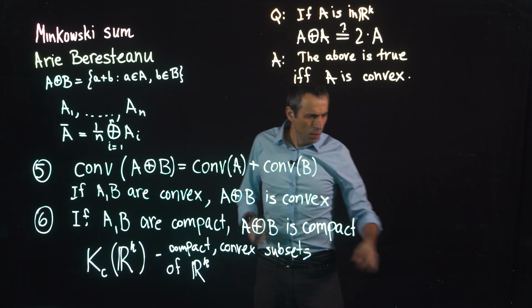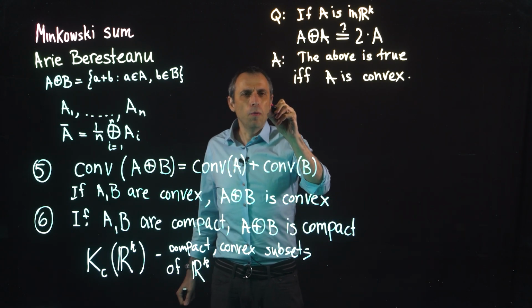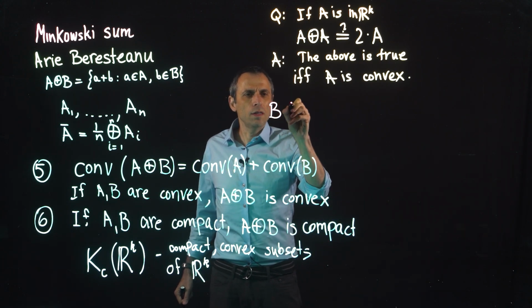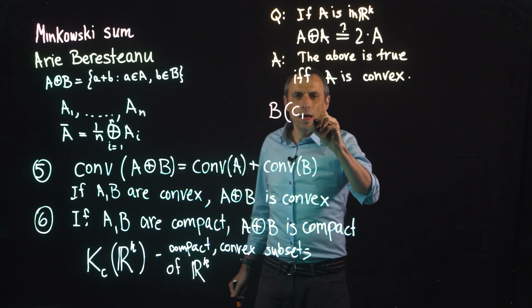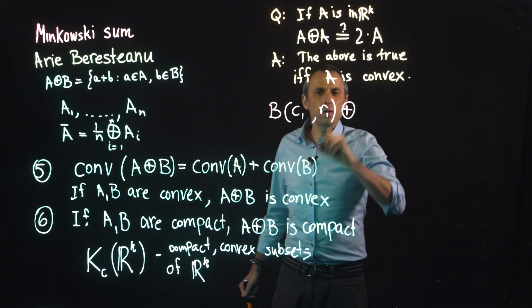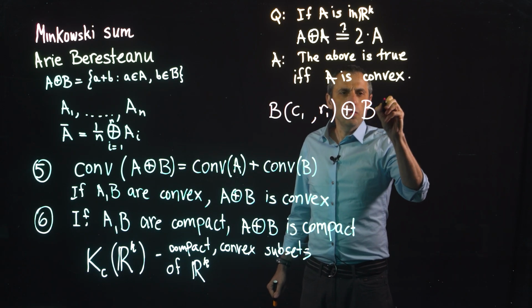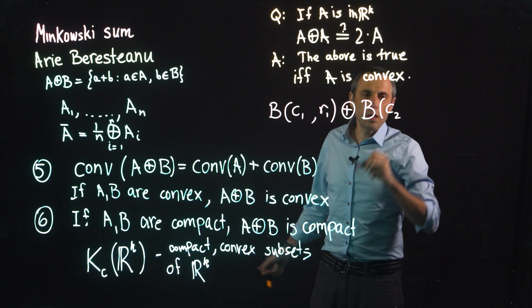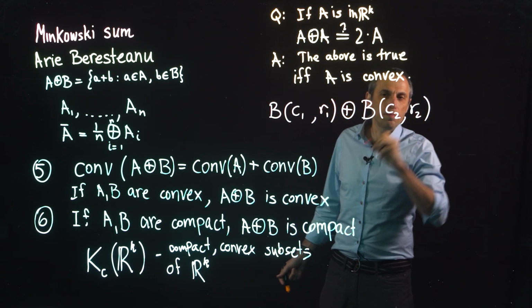First, let's take a ball centered at a point C1 in Rk with radius R1, plus another ball centered at potentially another point C2 with another radius R2.